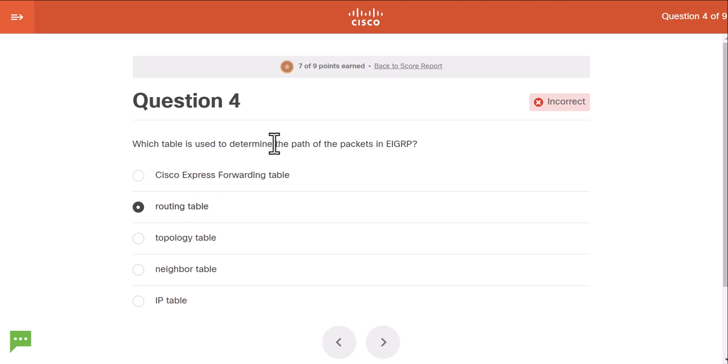I guess what they tell here is what information the router operates on to select the best route, where this information is residing, right? And it is in the topology table. So I believe the topology table should be the correct answer here.